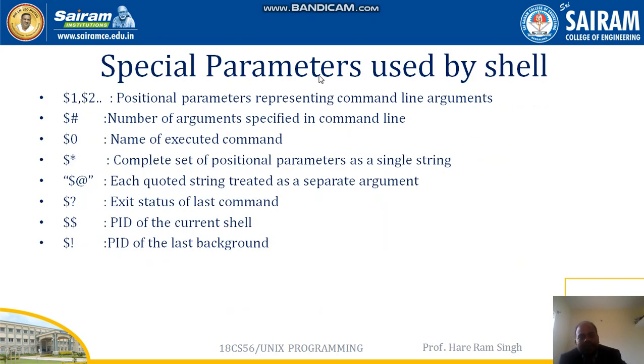Now here are special parameters used by the shell. Some special parameters are used by the shell. Suppose $1, $2: these are called positional parameters representing command line arguments. $# is the number of arguments specified in the command line.